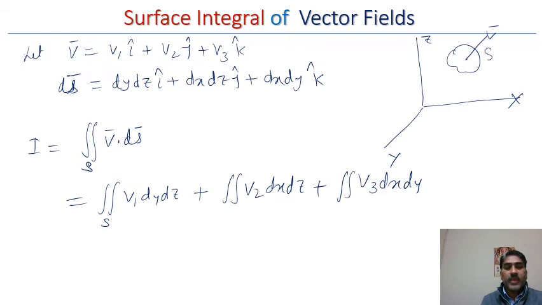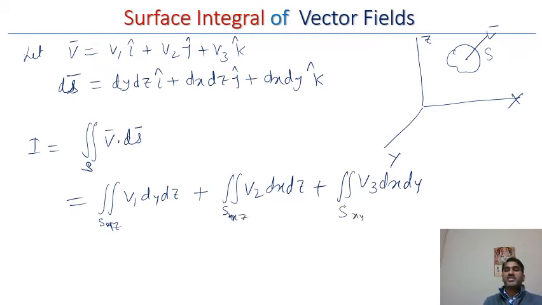And now the limits that we will require to put in these integrals will not be taken from S, but the limits will be taken from the images of S on these different planes. So this is S yz, this is S xz, and this is S xy.